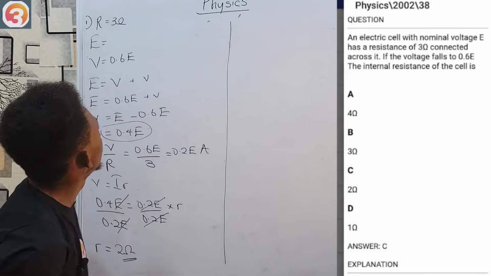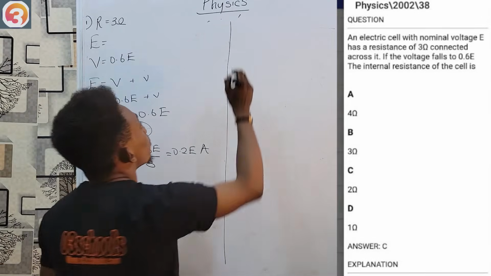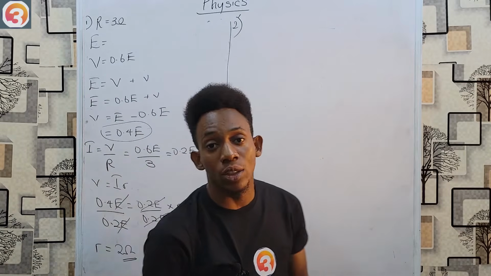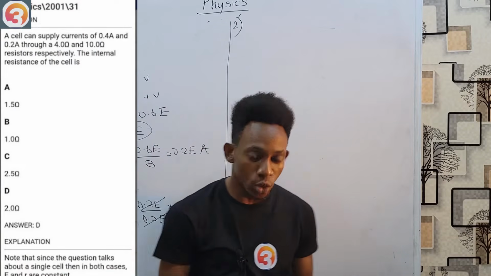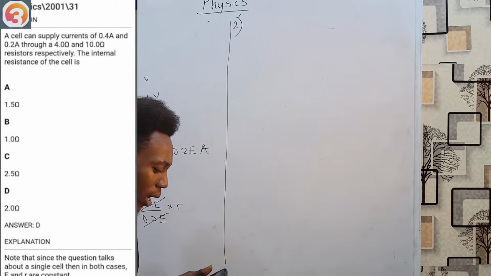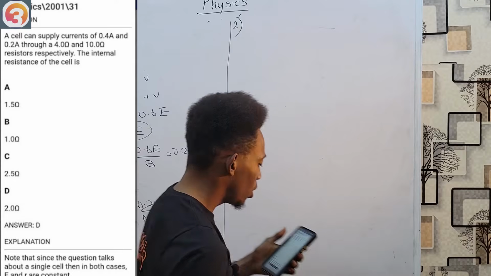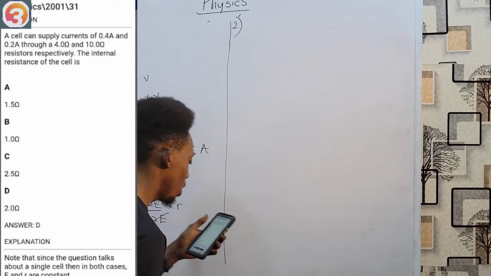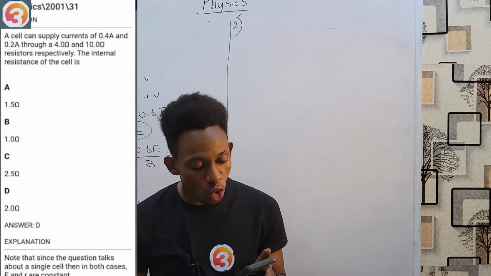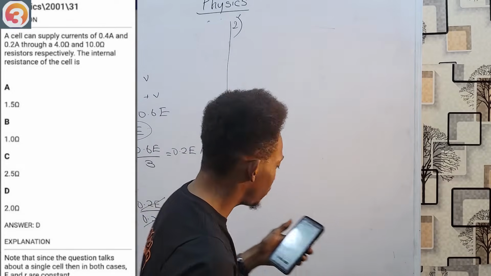All right, example 2, and this time we are going to question number 31 from the year 2001 of our O3 Schools JAMB app. Now this question says, a cell can supply currents of 0.4 ampere and 0.2 ampere through 4 ohm and 10 ohm resistors respectively.